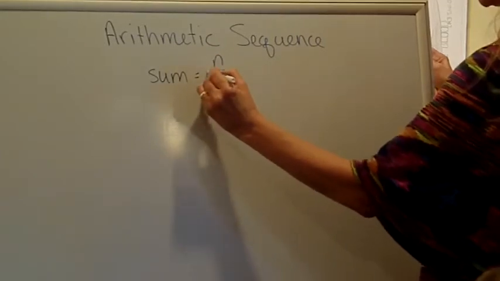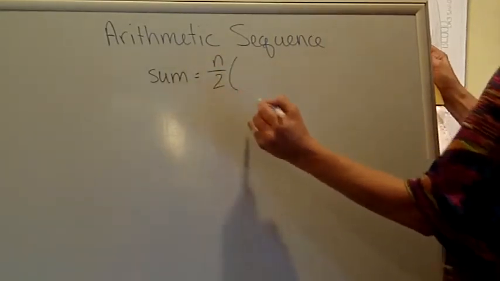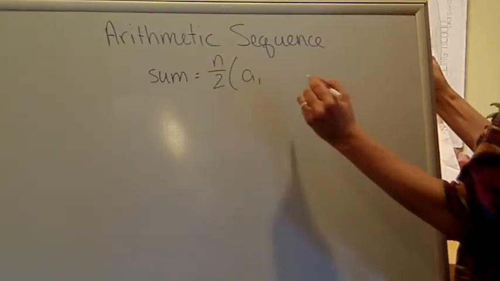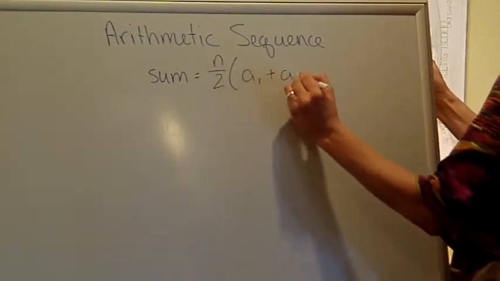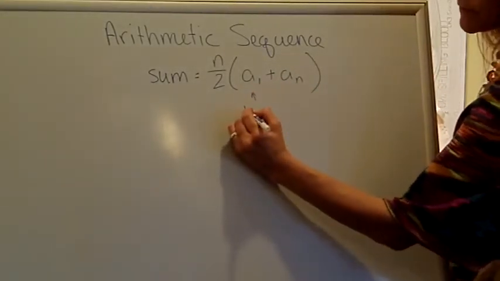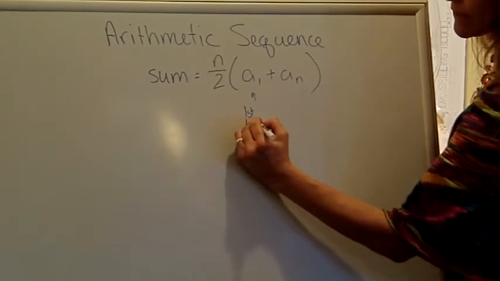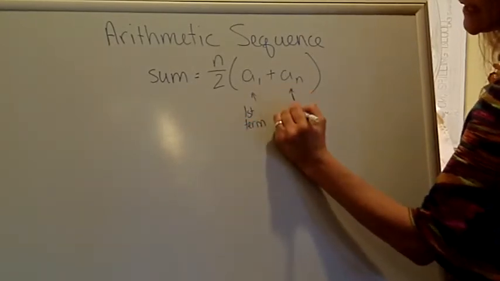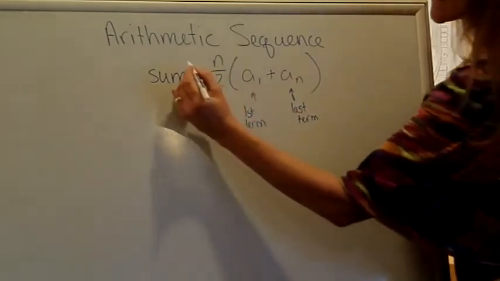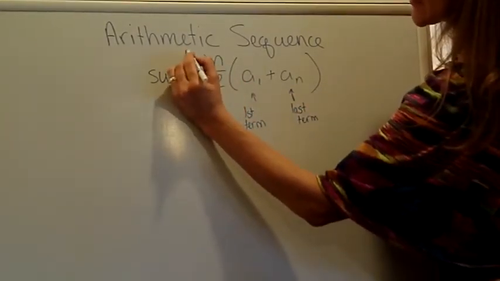The sum of the terms is equal to the number of terms divided by 2 times the first term plus the last term. Keep in mind that's your first term, that's your last term, and this n represents the number of terms.